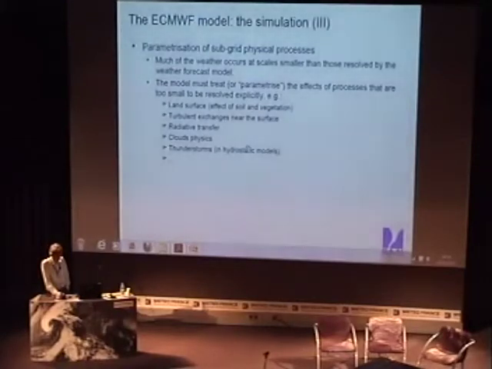But if you start increasing the resolution, then you have to be able to resolve convection, thunderstorms, and in that case you have to go to what they call a non-hydrostatic mode. They are working on it now, but they are not there yet. So thunderstorms in the ECMWF model are not resolved explicitly. Again, a source of uncertainty.